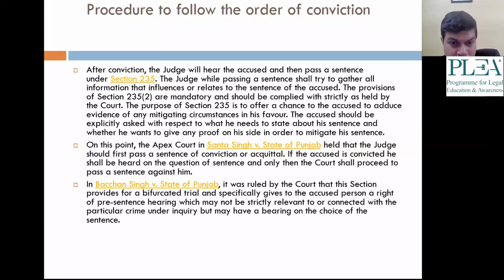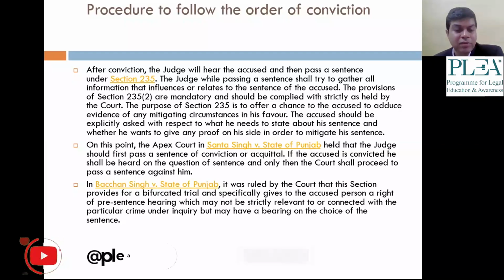In the case of Bachchan Singh versus State of Punjab, it was ruled by the court that this section provides for a bifurcated trial and specifically gives the accused person a right of pre-sentence hearing, which may not be strictly relevant to or connected with the particular crime under inquiry, but may have a bearing on the choice of the sentence.